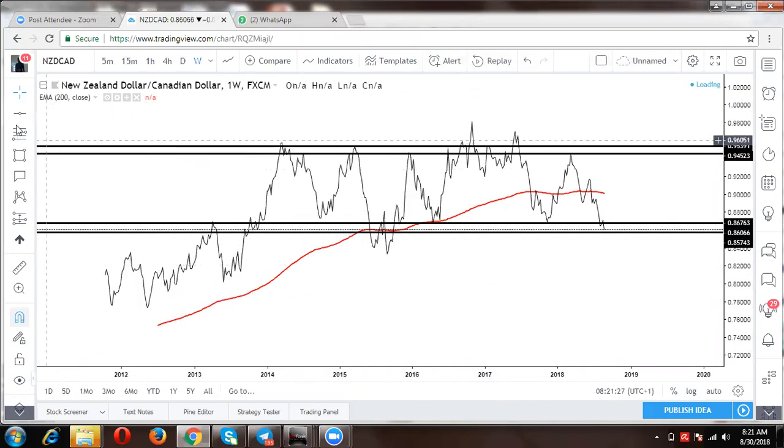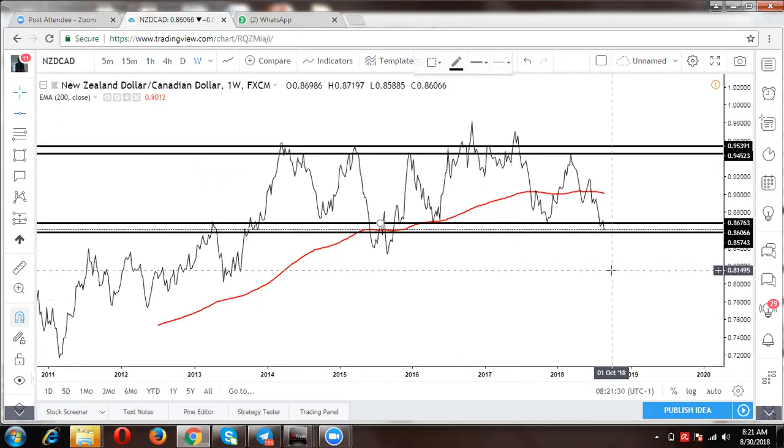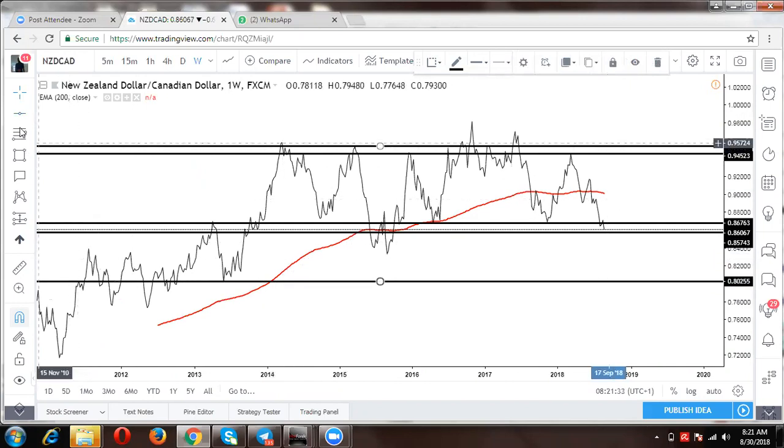So I'll mark up the next one just in case price falls below. We'll look at our next target, the next level price we're expecting to get to.